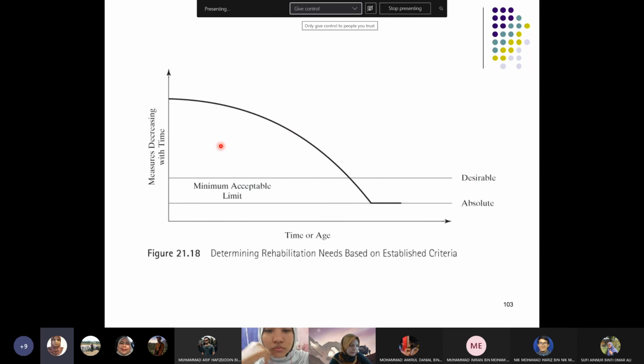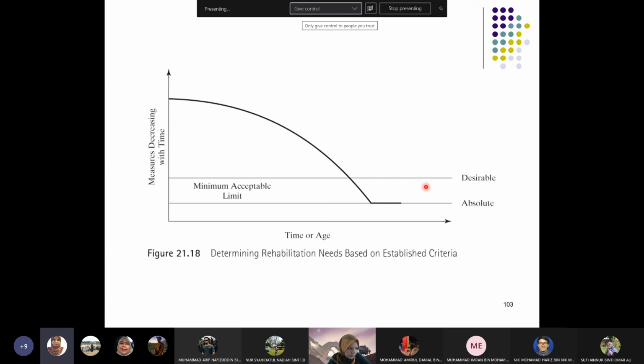Okay, this is one of the graph yang similar to what I showed you from Opus tadi. Okay, kalau you tengok daripada when the time is getting higher, it's getting longer, see dia punya measures decreasing with time. Dia punya, apa kita kata, index of the lifetime of that road would decrease from time.